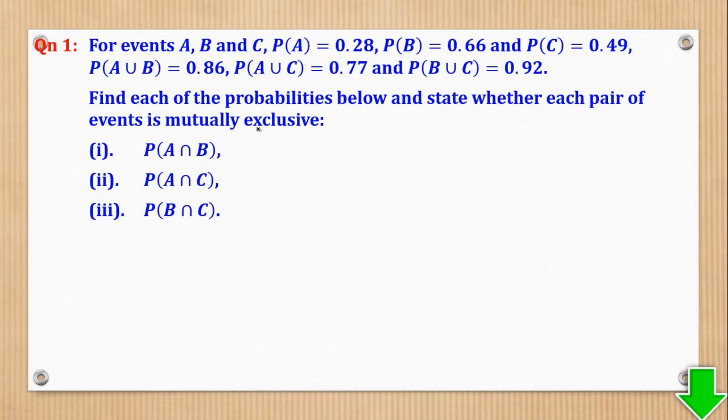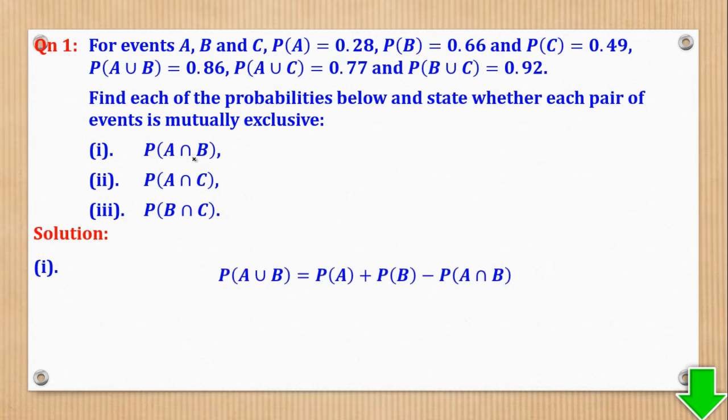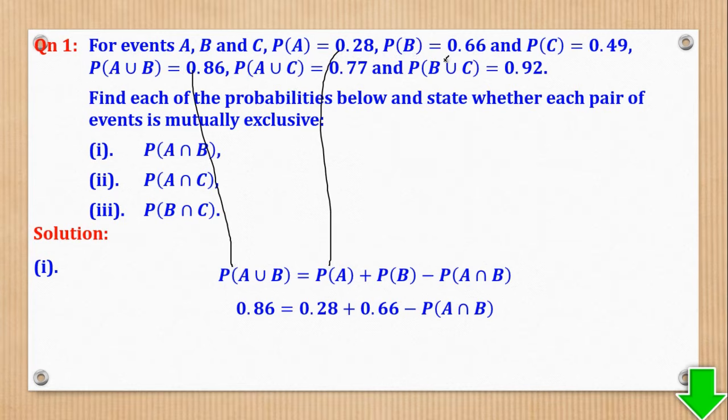Now you should remember that mutually exclusive, it means that the intersection must be equal to 0. Therefore, we have to get the intersection of A and B. From this law of union of events, we can substitute for the union A union B, then probability of A and probability of B. And when I make A intersection B the subject, I'll come up with this.